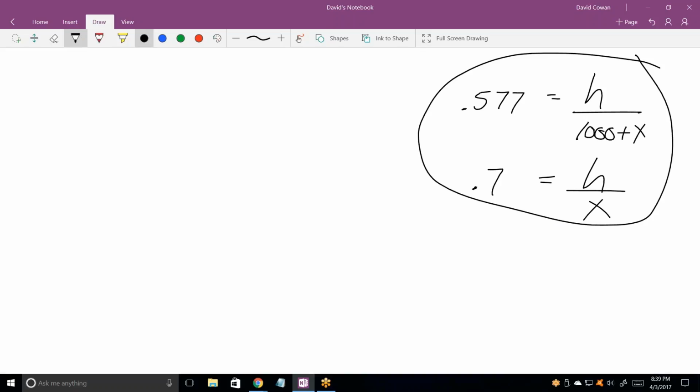Well, let's solve each one for h. That's probably the most logical way to do it. So the top one, h is equal to what? 1,000.